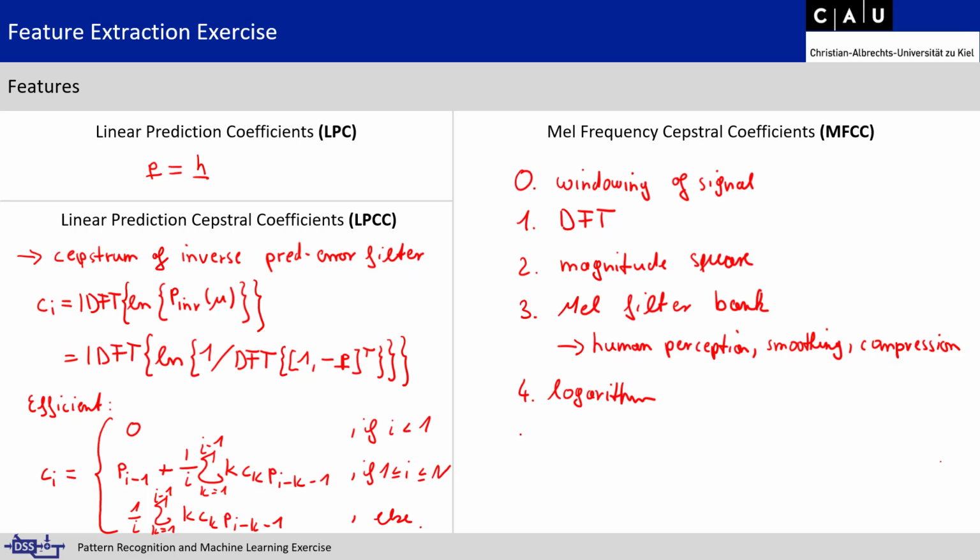And our fifth step is then actually that we perform a discrete cosine transform. And this has two general purposes. We actually perform a decorrelation of our features. And we can, this is optional, also do a compression, so we go down in dimensionality. So these are the steps you need to compute the MFCC features.